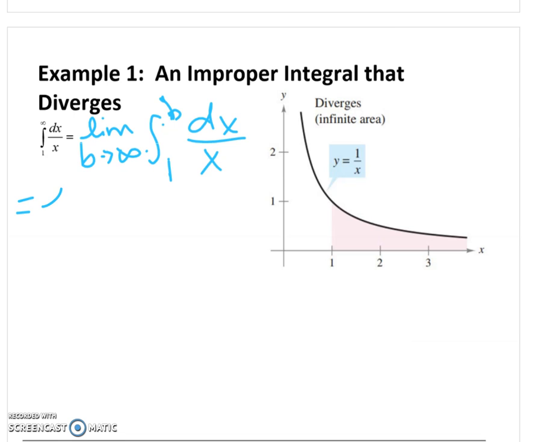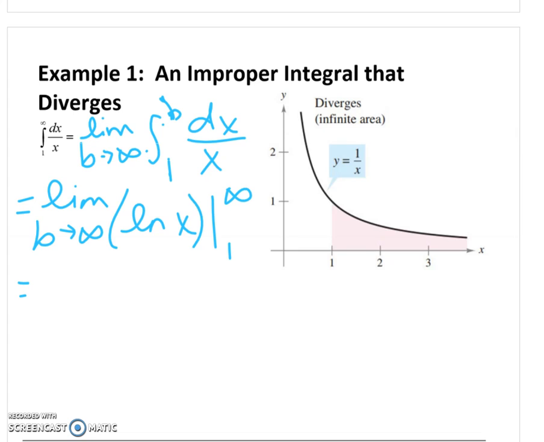So that's 1 over x. You know that that integrates back to natural log, so this becomes the limit as b goes to infinity of natural log of x from 1 to b.